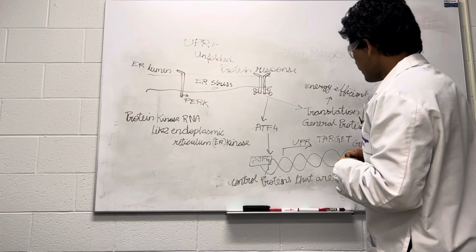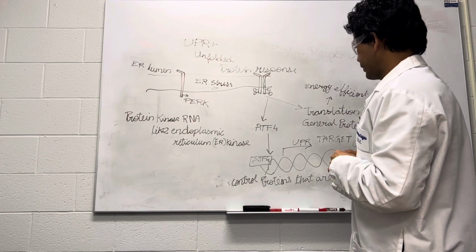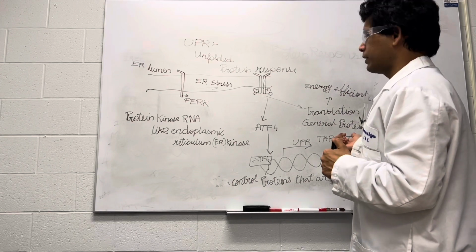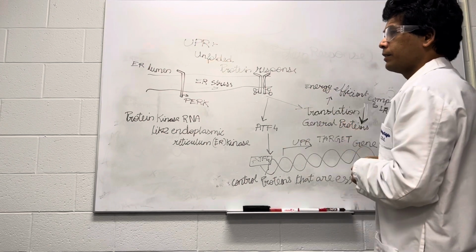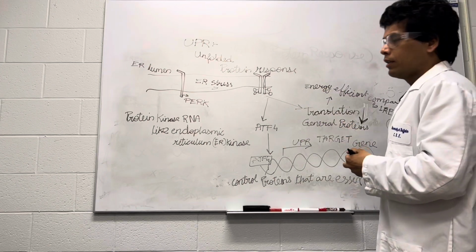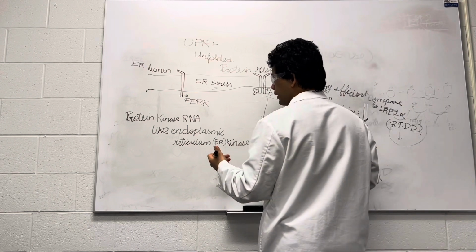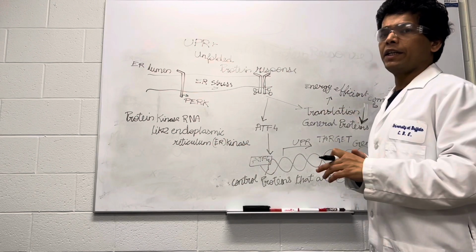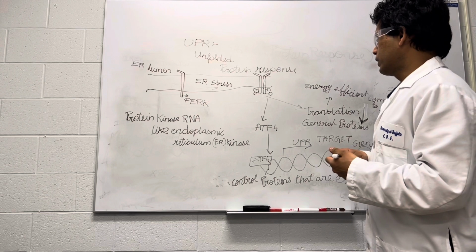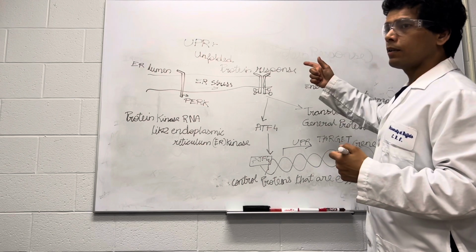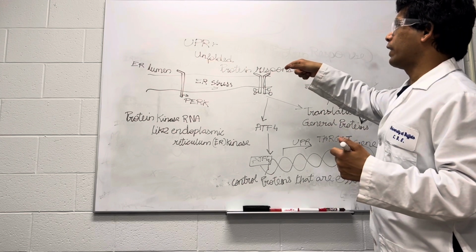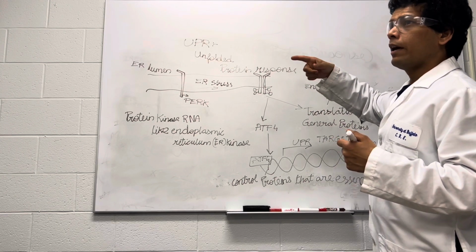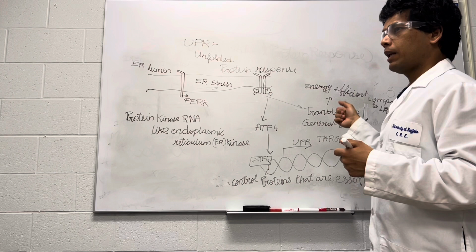At the same time, it will also increase autophagy, enhancing the degradation pathway, so that it reduces the load on the lysosome, because some of the unfolded protein will go to the Golgi and via Golgi transfer to the lysosome.